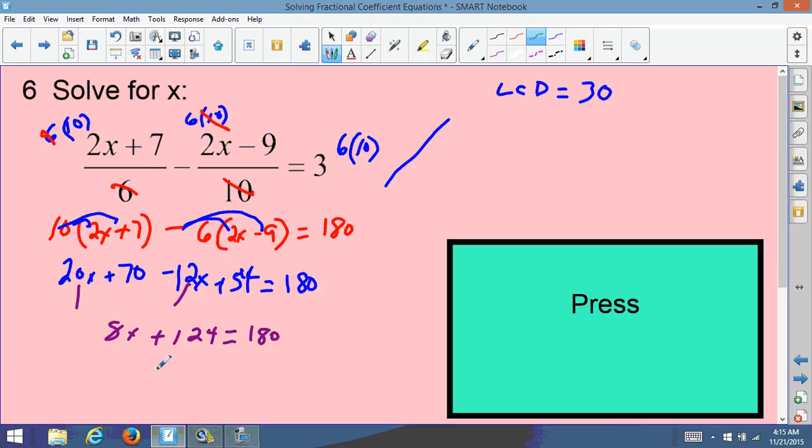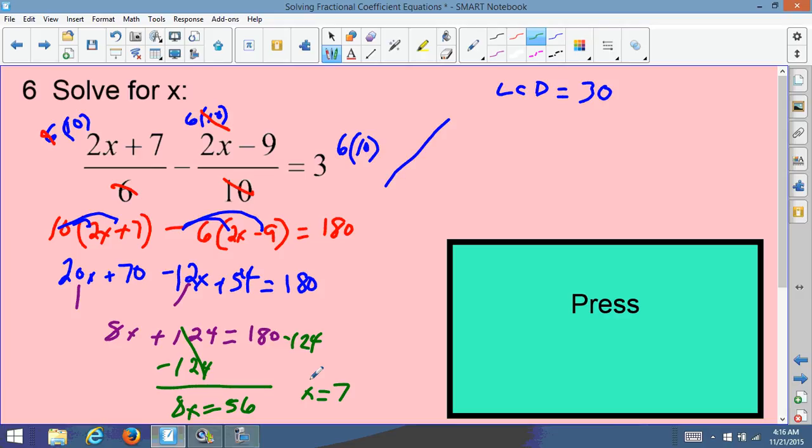Okay. Minus 124. Minus 124. That'll give me 8x equal to 56, because that cancels out. And now all I have to do is solve for x and divide that. X will equal 7. So I got my answer. X is equal to 7.